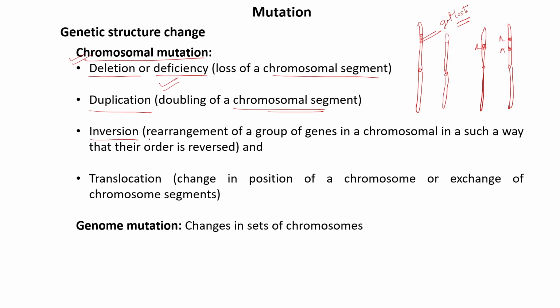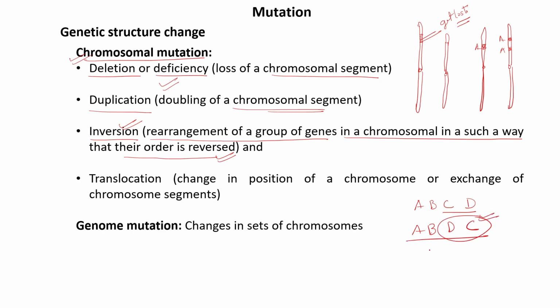Inversion is the rearrangement of a group of genes in a chromosome in such a way that their order is reversed. Suppose the order of the genes is A, B, C, D. Sometimes there is a reversal, that is A, B, D, C. This is the effect of inversion.